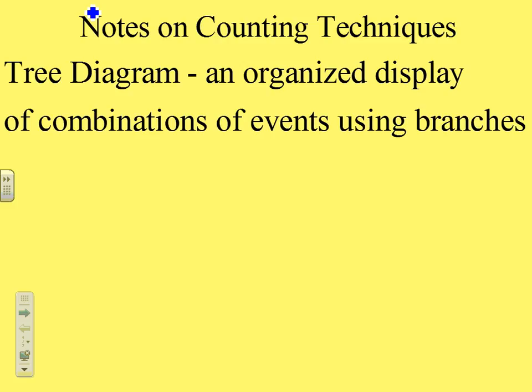Now, counting techniques, at face value, are fairly simplistic. They can get a little complicated depending on how many variables you are adding, and you'll see an example of what that looks like very shortly. In order to figure out one of our counting techniques, we're going to be making something known as a tree diagram.